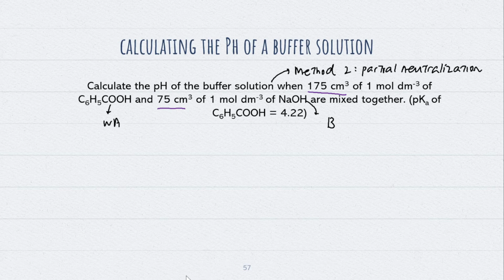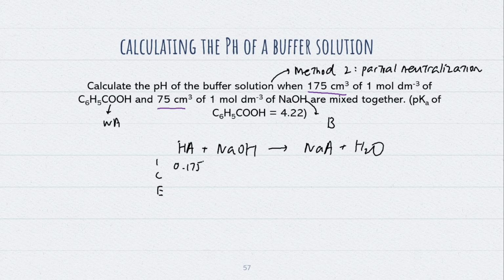So if we write the equation out, let's use a weak acid as HA again plus NaOH, you get salt and H2O. We can punch down numbers. We use a simple mini ICE table here to represent what is going on. How many moles of HA do you begin with? We have 175 over 1000 times 1 mole, which is 0.175, and your NaOH should be 0.075.